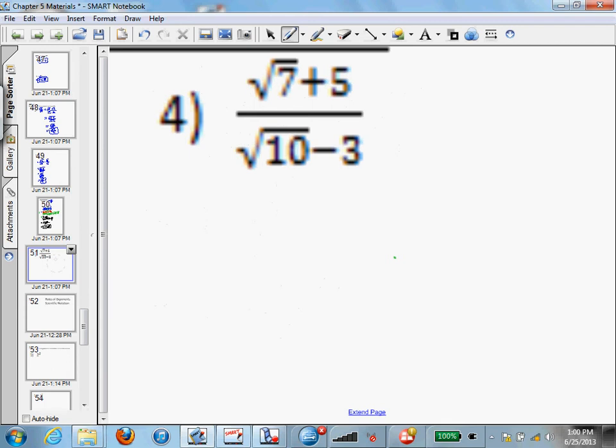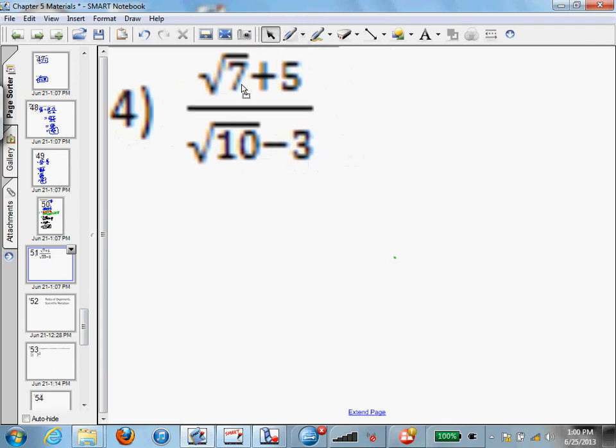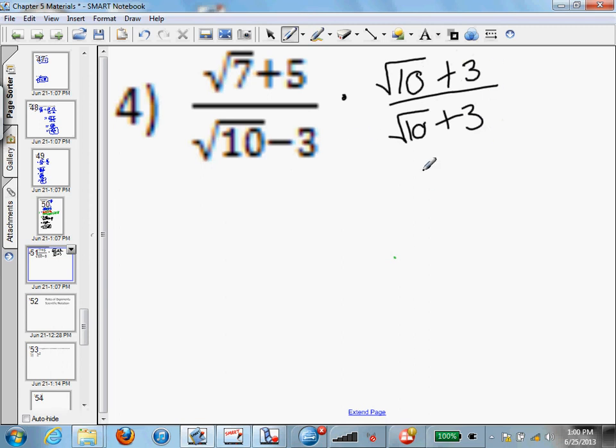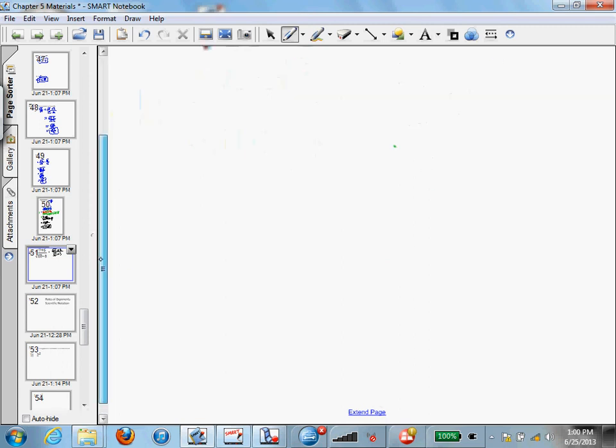And I believe for our last example, number 4, let's multiply by the conjugate. And the conjugate for this case will be square root of 10 plus 3 over square root of 10 plus 3. And remember, this is just a form of 1 we're multiplying by.